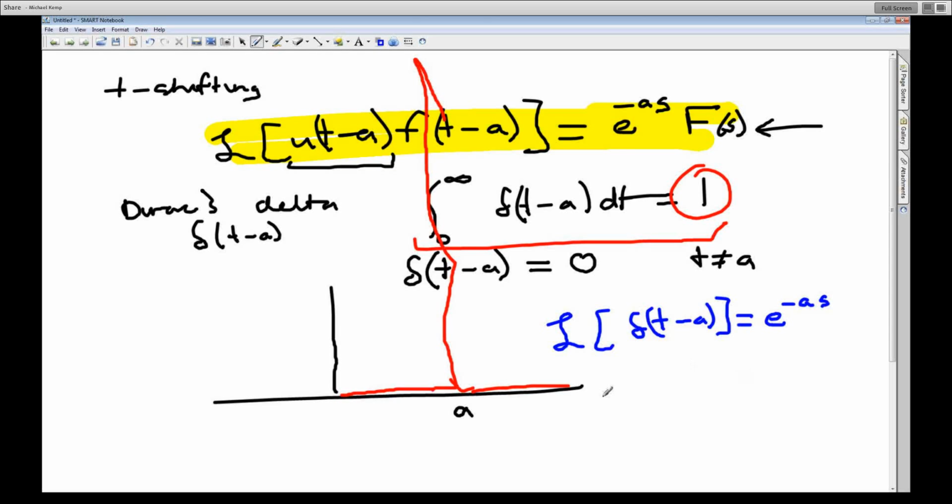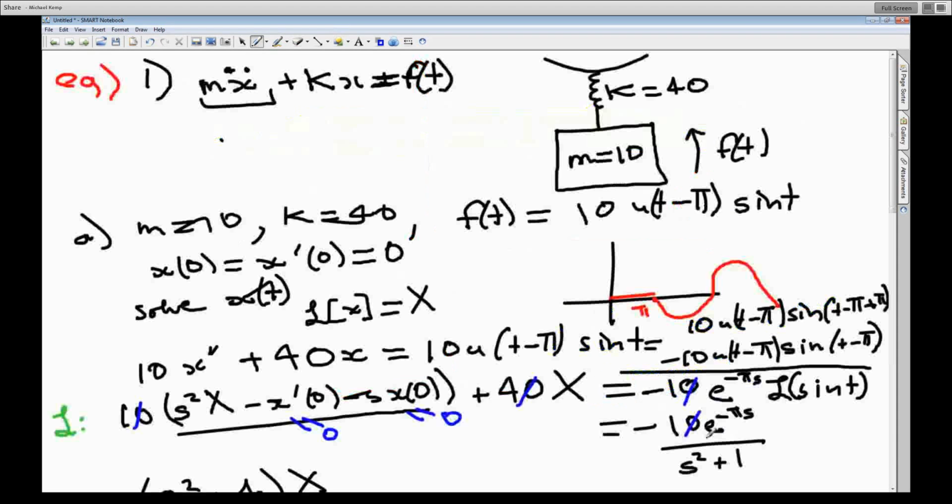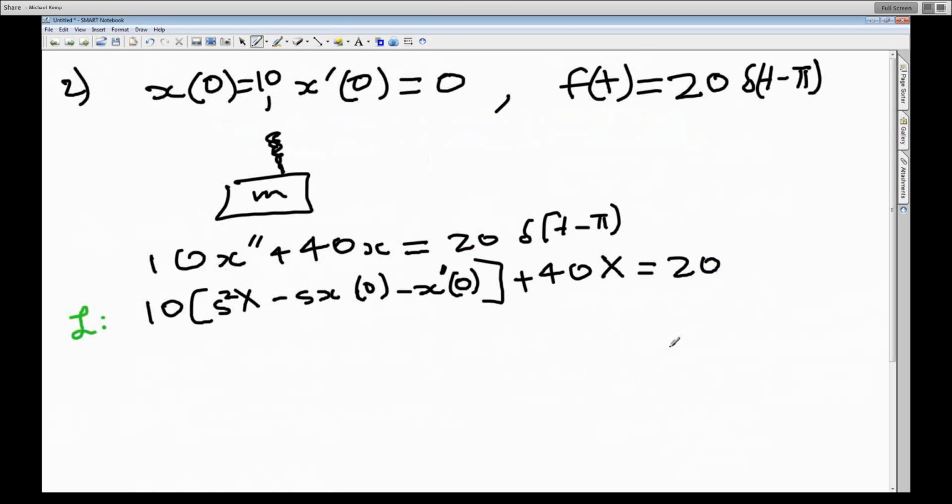The Laplace transform of the Dirac delta by itself is just one. The Laplace transform of 1 was 1 on s, and of t it was 1 on s squared, so it's sort of one up from that. Therefore the Dirac delta at pi gives e to the minus pi s.